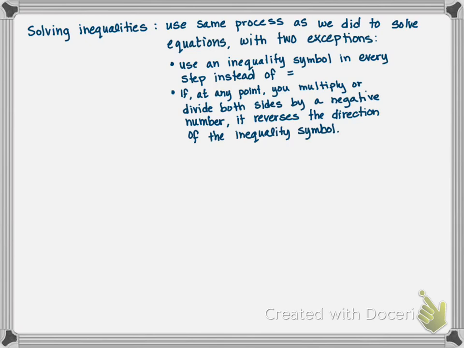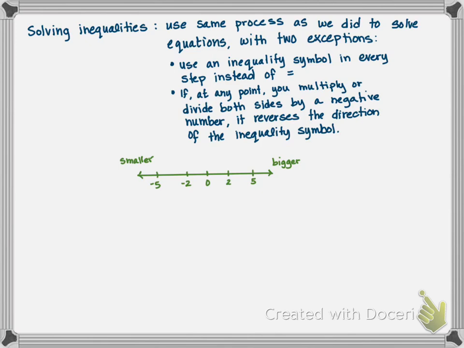So if I have a number line, let's put 0 right here, and we'll say 2 is here, 5 is here, -2 is here, and -5 is here. Well, we know that on the number line, bigger numbers are to the right, and smaller numbers are to the left. So if a number is to the left of another number, it's less than. If a number is to the right of another number, it's greater than.